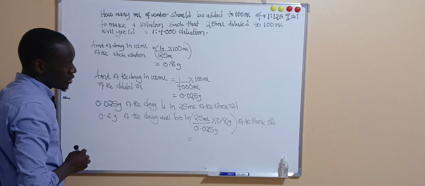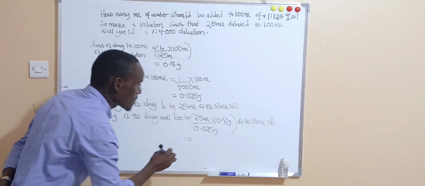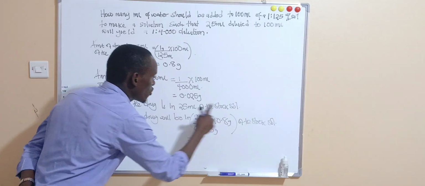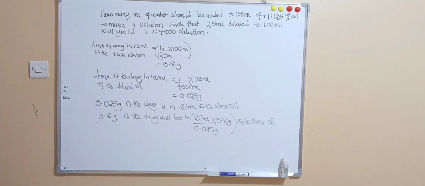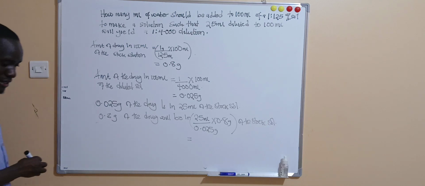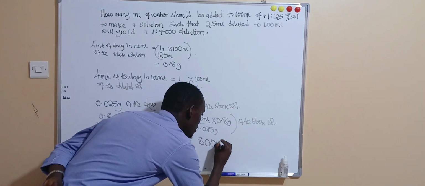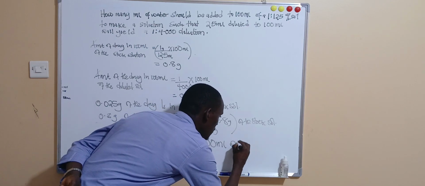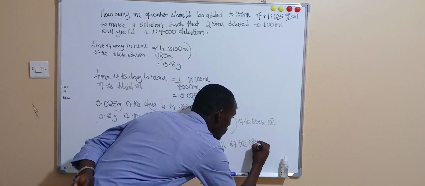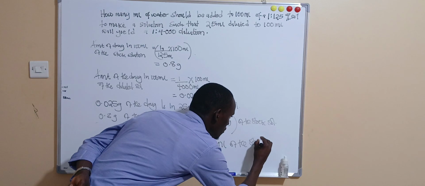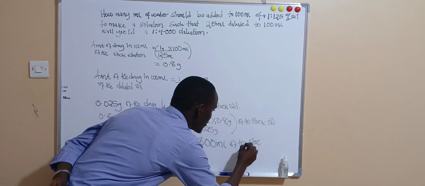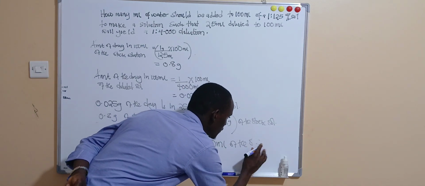Therefore, when we compute this, we shall have 800 mils of the stock solution.